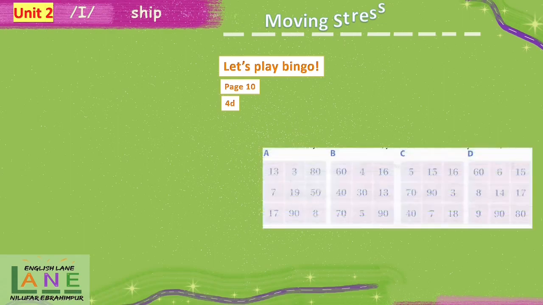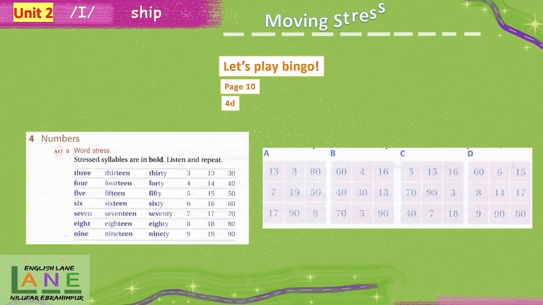What do we do? We have 4 squares of numbers A, B, C, and D. And in a classroom with other students, each student chooses a square and I have a list of numbers.